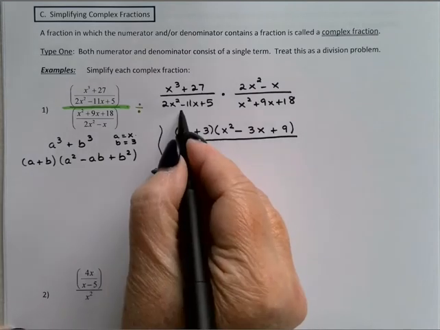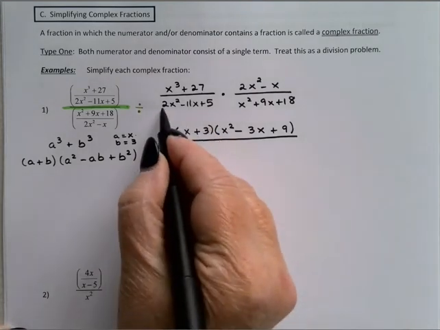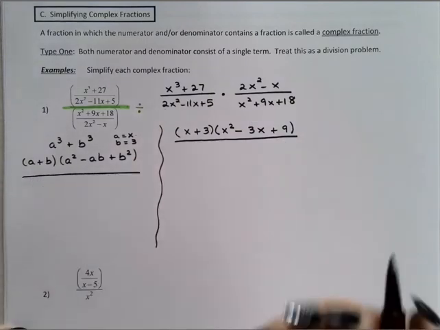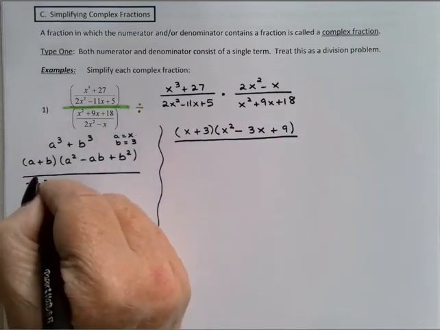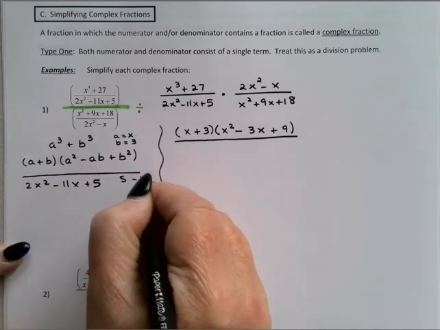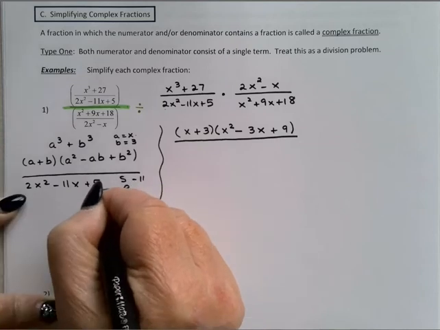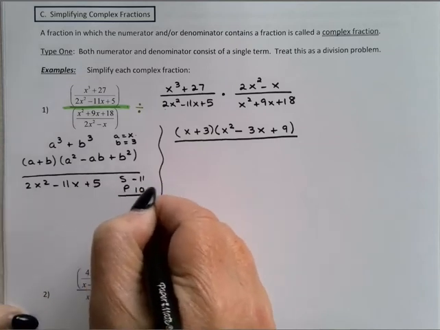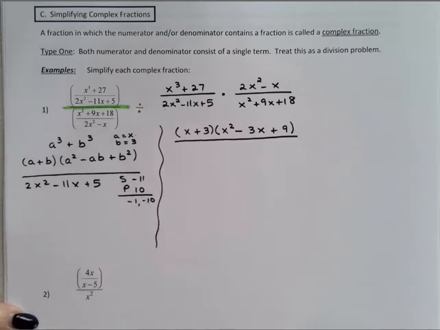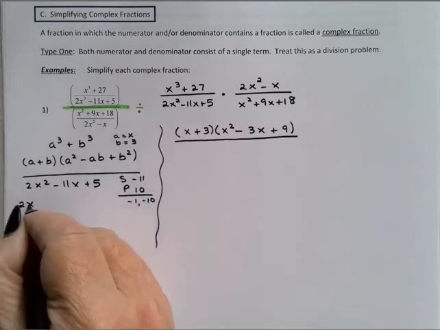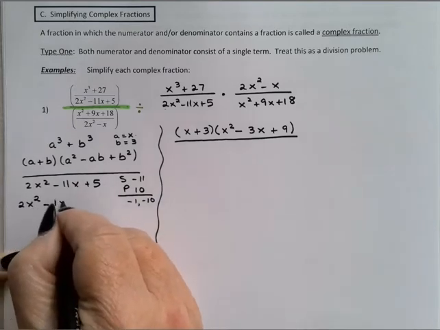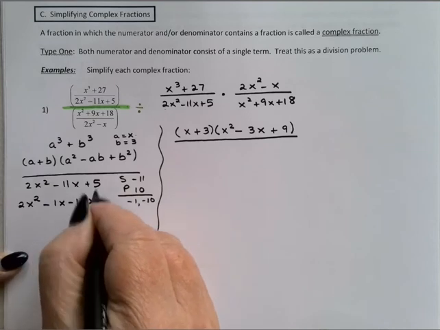All right, the denominator is a trinomial, but not an a equal 1. So it's also going to take a little bit of extra work. Looking for a sum of negative 11 and a product of 10. Definitely negative 1, negative 10 is the only way to do that. So I'm going to split up that middle term as a negative 1x minus 10x.